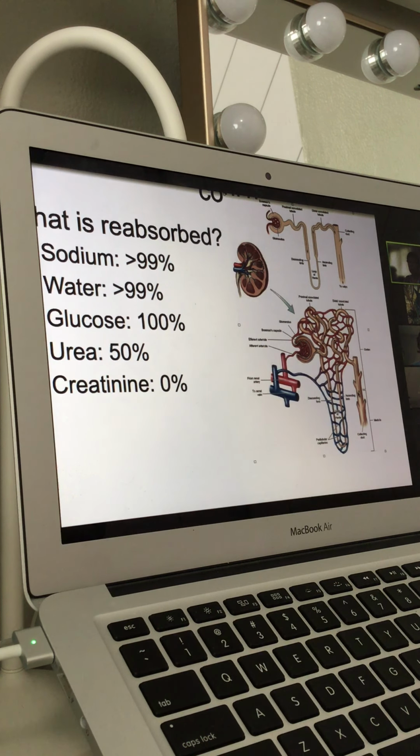That is the reason why people who have hyperglycemia have glucose in the urine: the sugar in the blood is too much. It cannot be reabsorbed by the kidney. Most of it can be reabsorbed, but if it's too high, the kidney cannot accommodate it. It will go with the urine.